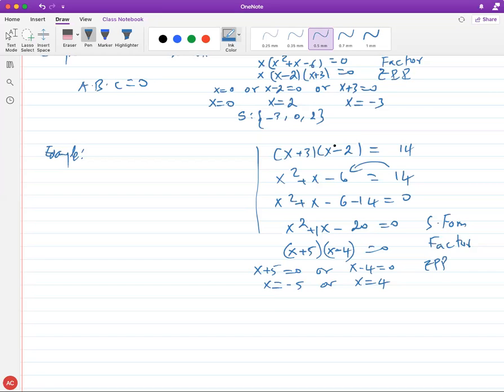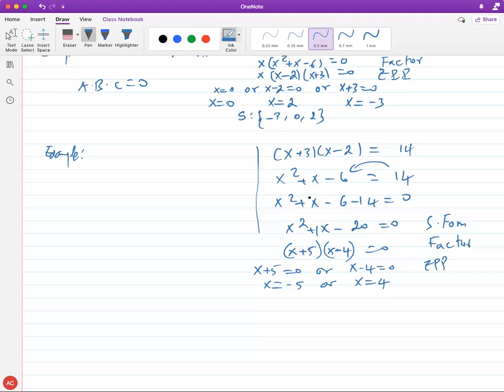Okay, that's basically what we do when you have a situation like this, where even though it looks like it's factored here, it isn't. We need to have a 0 here before we can solve.